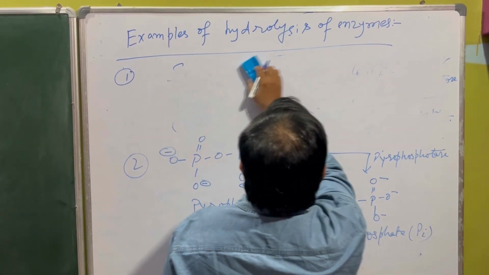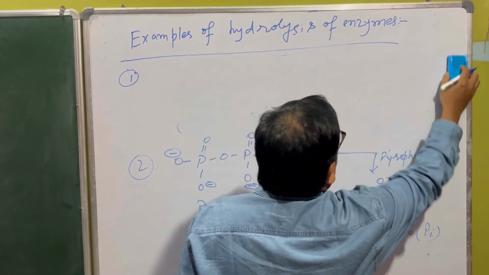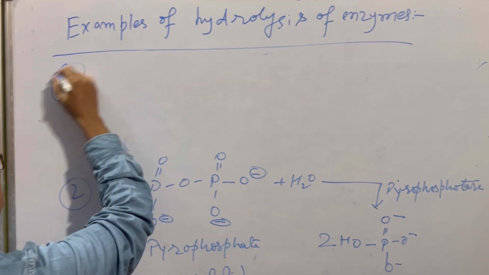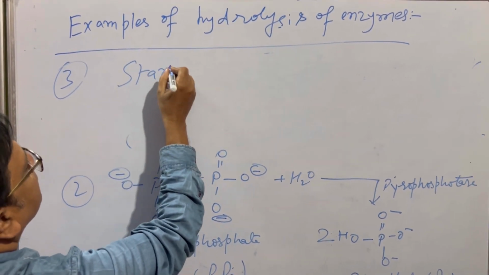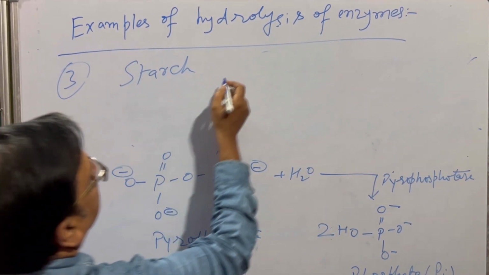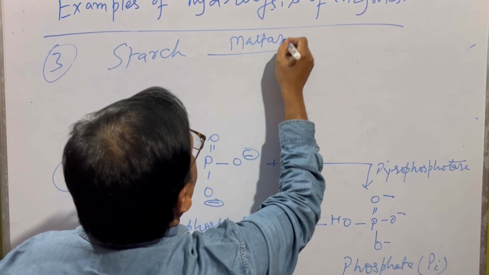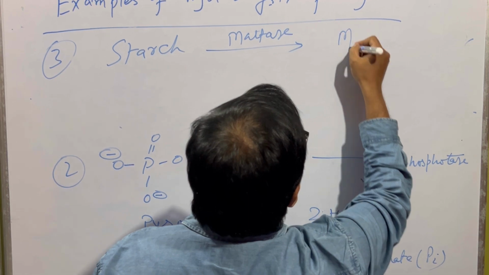Another important example is starch. If you have starch and the enzyme maltase, you get maltose.